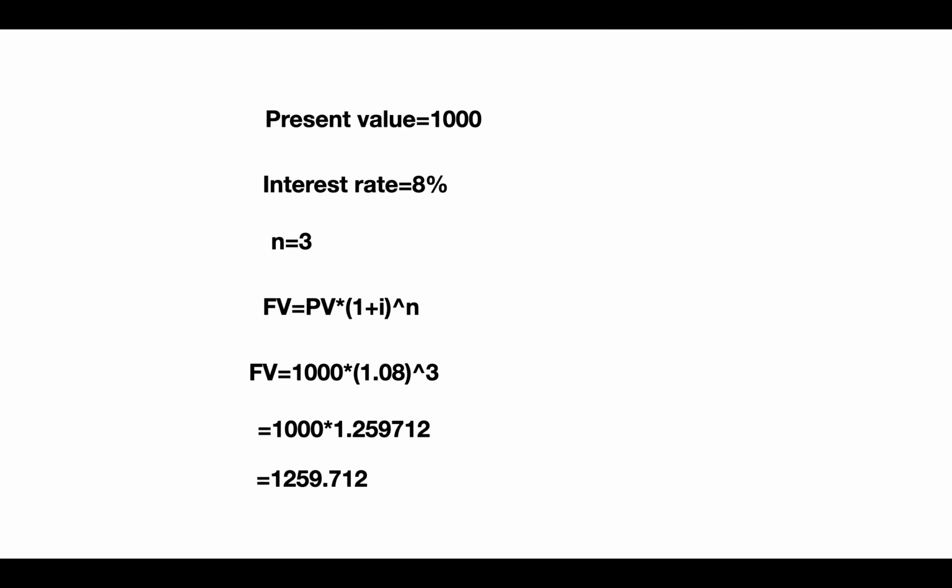We put our data into this formula and it will be 1000 times 1.08 to the power of 3. It will be 1000 times 1.25972, and the result would be 1259.712, which is greater than 1100. So the answer is that we will invest this money in the bank rather than lend it out.